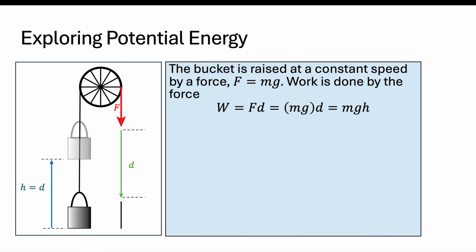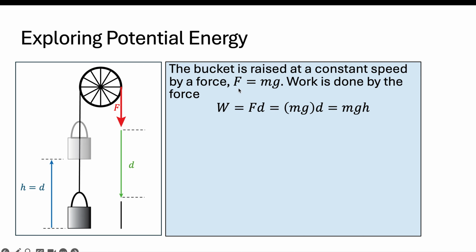So here's just a little bit of an explanation of why I have this stored energy. So imagine that I have a bucket here and I have a string that's attached that goes over a pulley. And I can imagine that I apply a force on this side and I pull the bucket up at a constant speed.